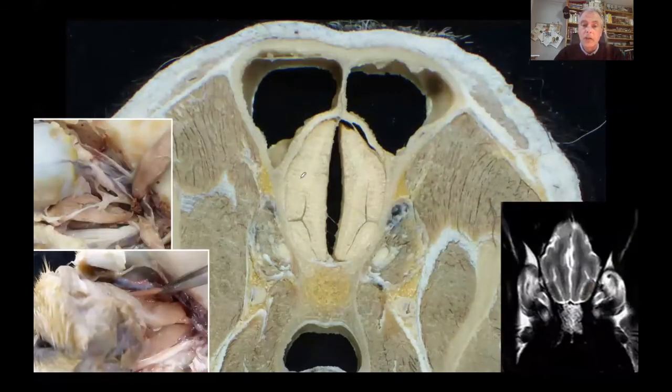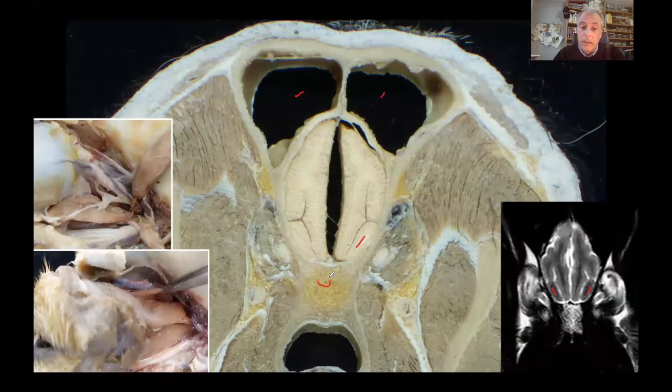The next section, we see the frontal sinus here, and both cerebral hemispheres. Okay, as well on the MRI, we see both cerebral hemispheres and here the olfactory peduncle. At this level, we see the presphenoid bone.